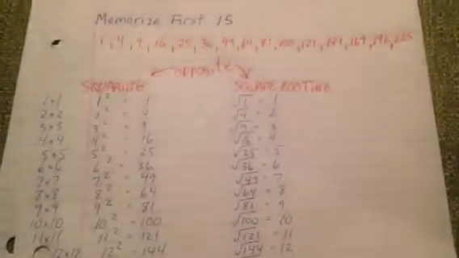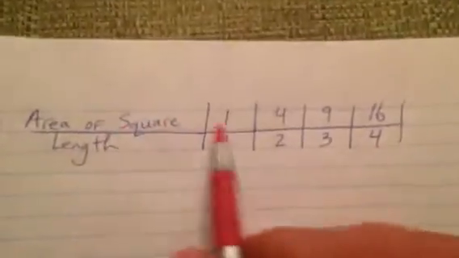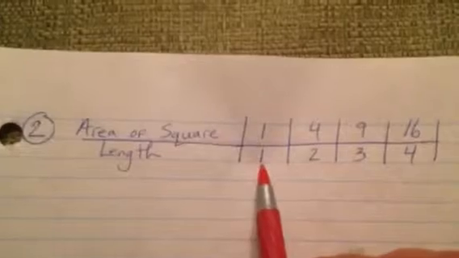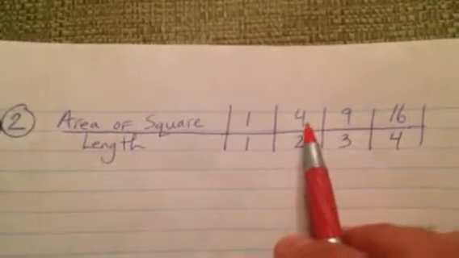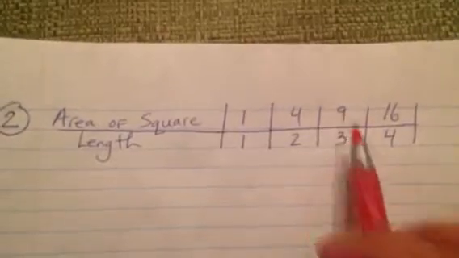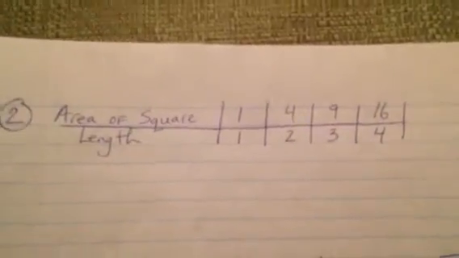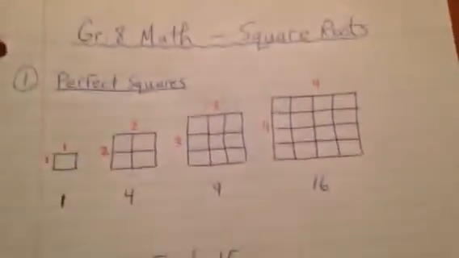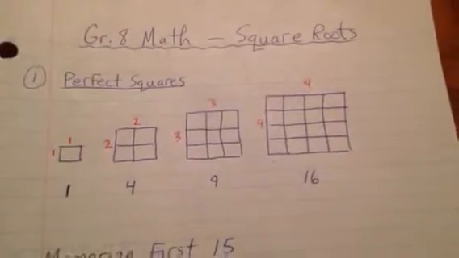That makes a connection here. That first square had an area of 1, a length of 1. The second square had an area of 4, length of 2. This one had an area of 9 and 3, and 16, 4. Basically, we're looking back to this. So that's where the connection's made.